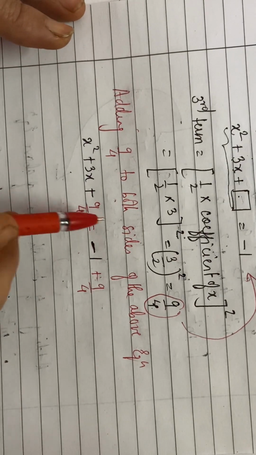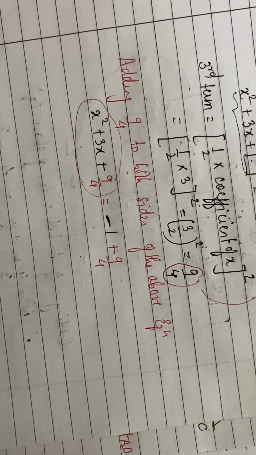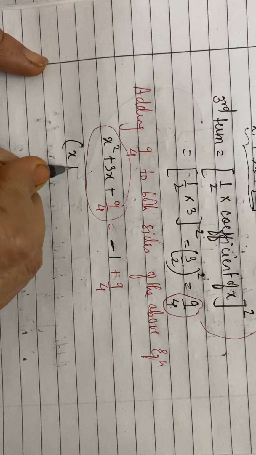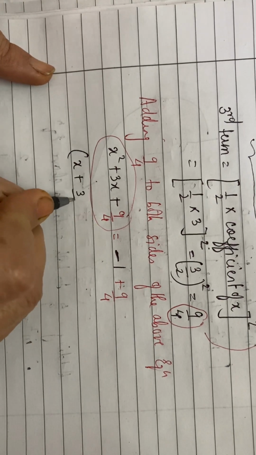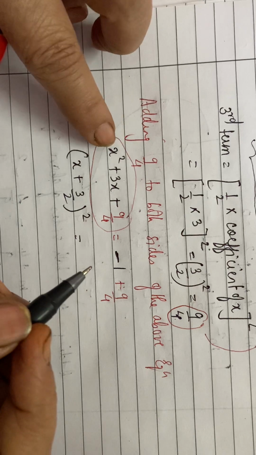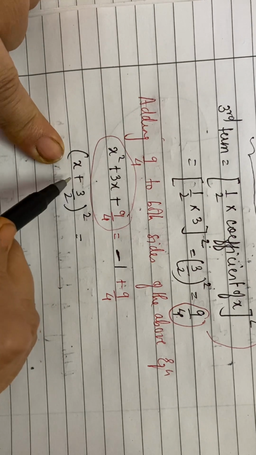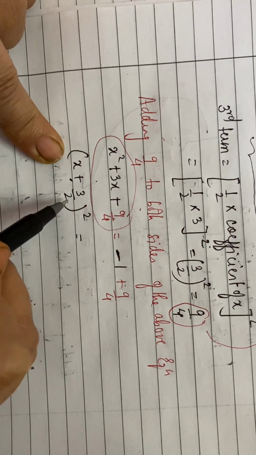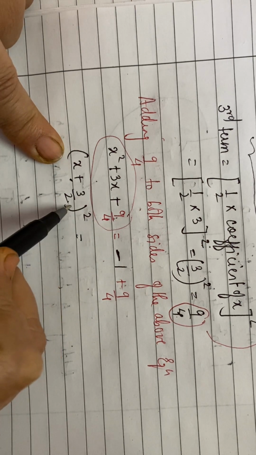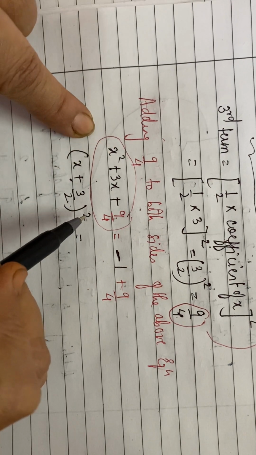Now this becomes a perfect square of x plus 3 upon 2 whole square. See, the square root of the first term is x, sign of the middle term, and square root of the last term: square root of 9 is 3 and square root of 4 is 2, whole square. If you multiply this 2 times, you will get this answer, children.